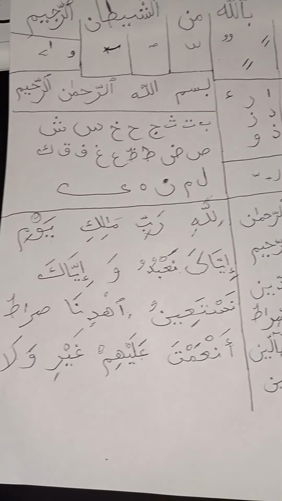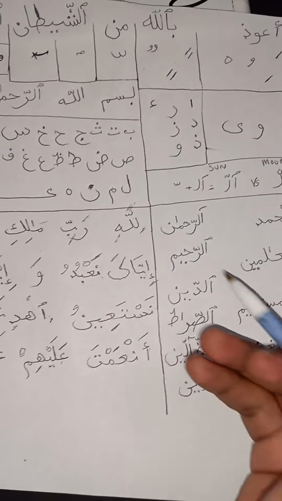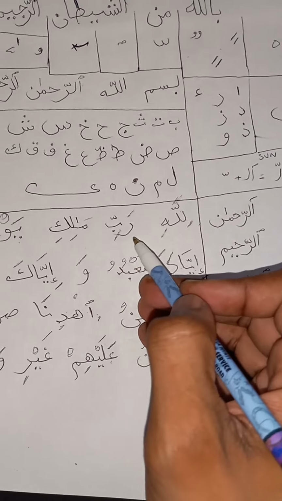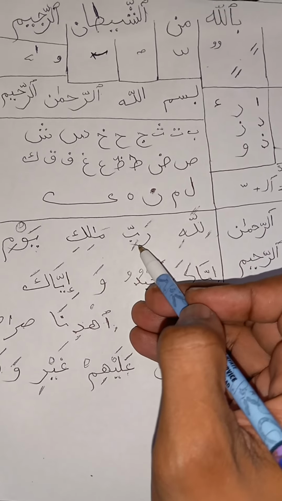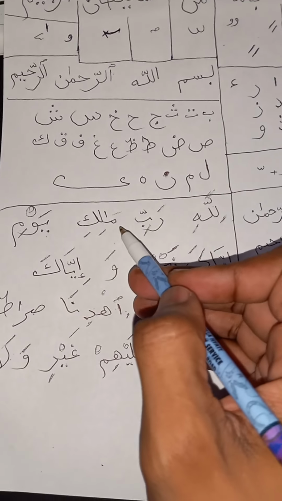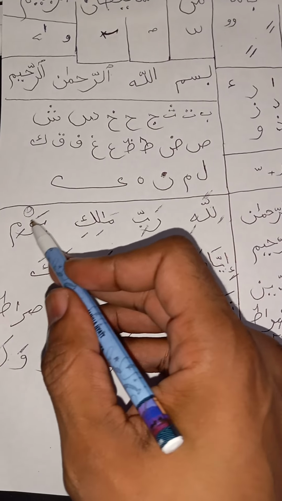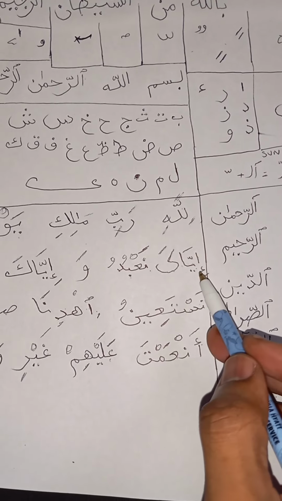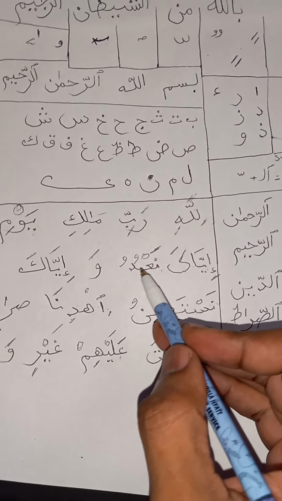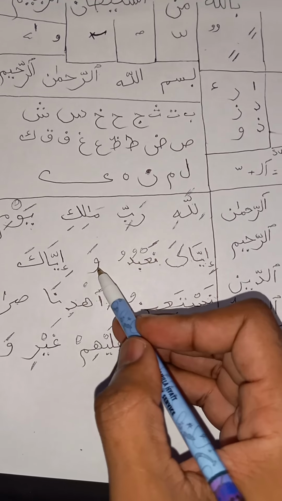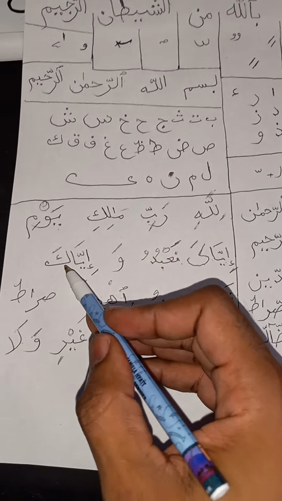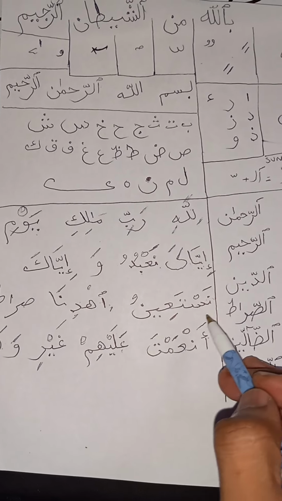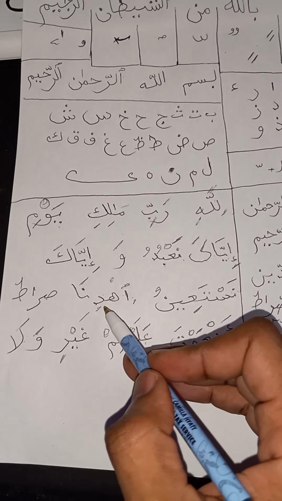So let's go over the easy words that are not qamariya shamsiya. Lillahi, Rabbi, Maliki, Yawmi, Iyaka, Na'budu, wa Iyaka, Nasta'in, Ihdina.